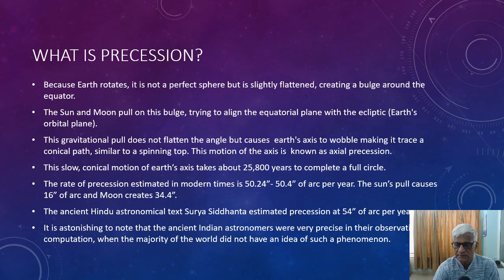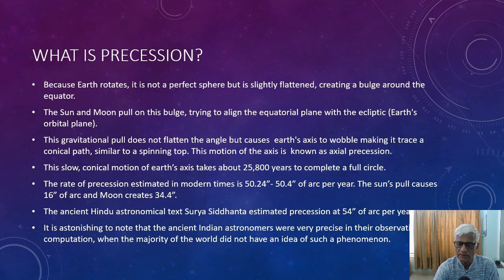As the Sun is apparently going around the Earth and the Moon also is apparently going around the Earth, we call this system geocentric, or the Earth as the middle of the heavens. However, we know in reality the Earth goes around the Sun, the Moon also goes around the Earth.